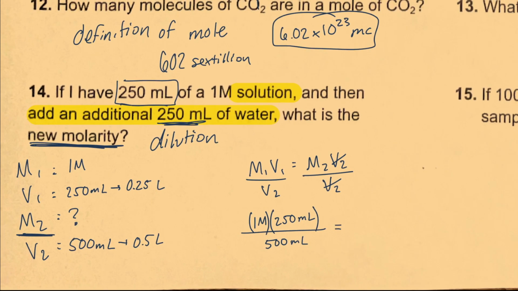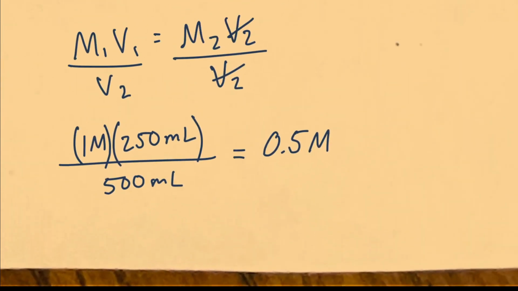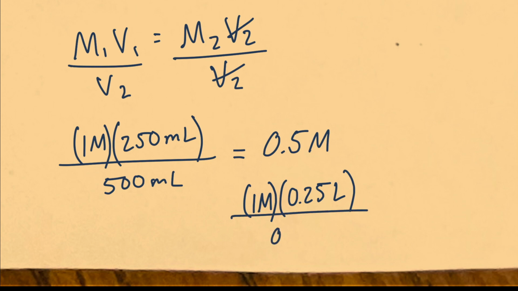So then when I plug that into my calculator, I'm going to get 0.5 molar. If you're wondering why I don't need to convert to liters on dilution problems, it's because, well, first of all, try this. Punch this one into your calculator, 0.25 liters divided by 0.5 liters.